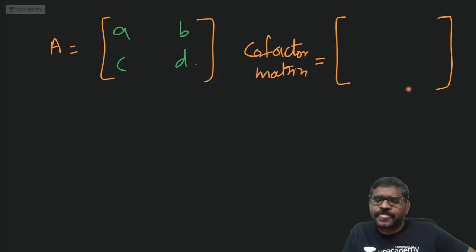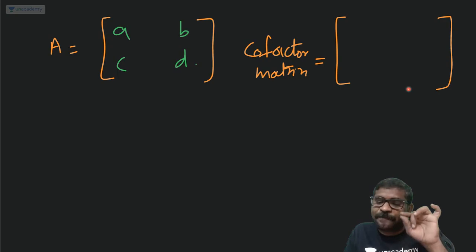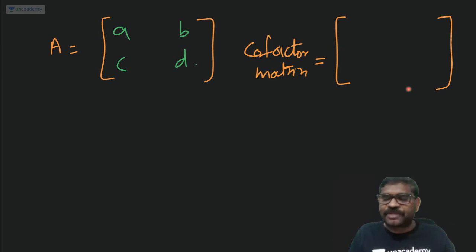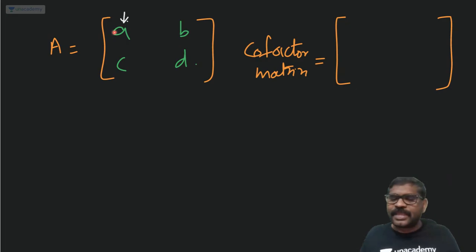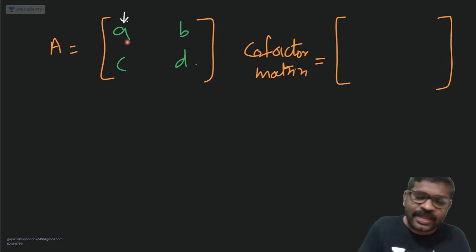Every element of A replaced by its corresponding cofactor, then you will get cofactor matrix. Tell me, what is cofactor of A? Eliminate its row and its column, multiplied with -1 whole power i plus j. Okay. Now D is cofactor of A.